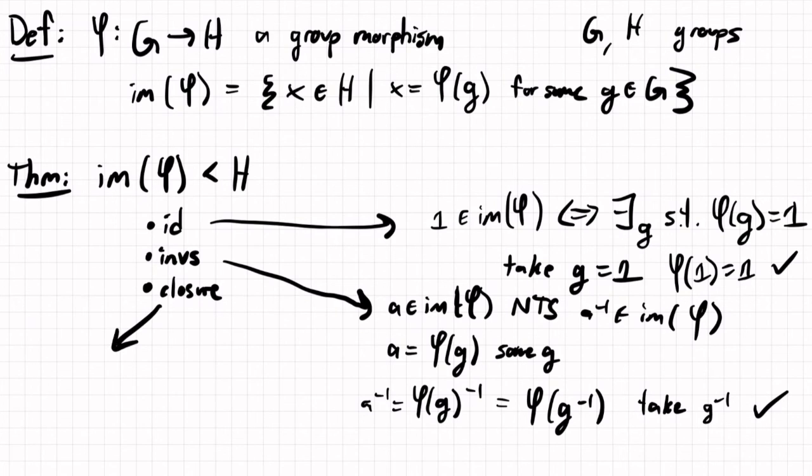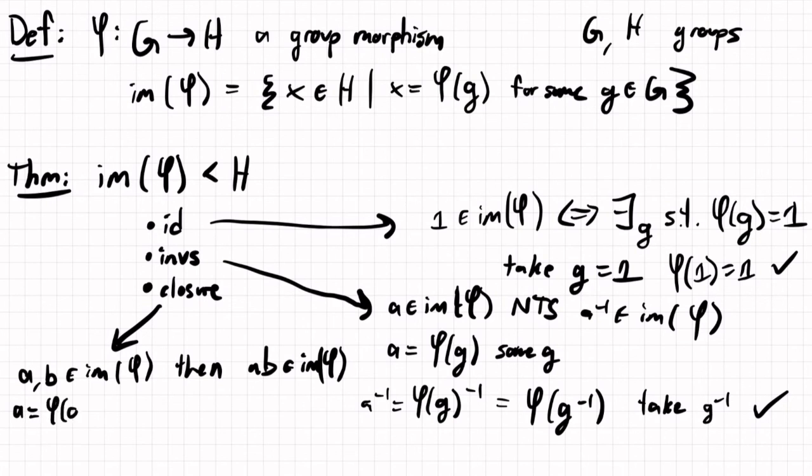Finally, let's prove closure. How do we show that something is closed? We need to show that if a and b are in the image of phi, then ab is in the image of phi. Again, we can just expand the definitions. a equals phi of g, b equals phi of g prime.